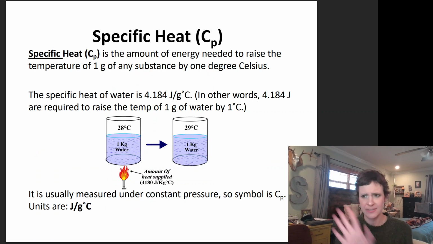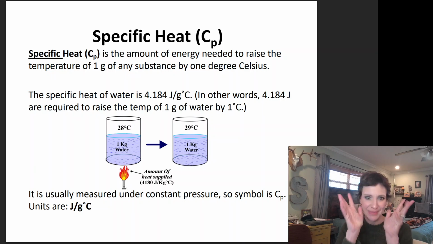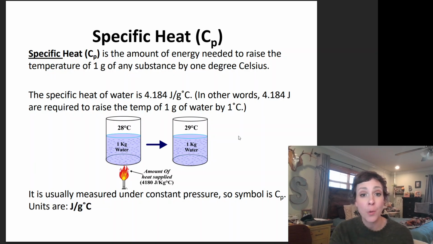Okay, so let's talk about this C sub P nonsense here. Specific heat. Y'all, you are not ready for this. It is the amount of energy needed to raise the temperature of 1 gram of any substance up by 1 degree Celsius. You're like, what is even happening here? I have to kind of break it down in my dumb brain and think, okay, let's remember this statement. The specific heat of water is 4.184 joules per gram degrees Celsius.